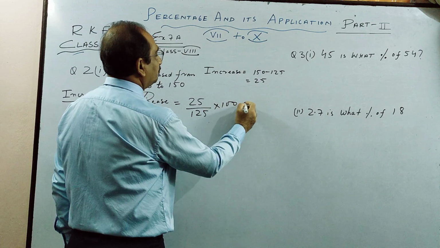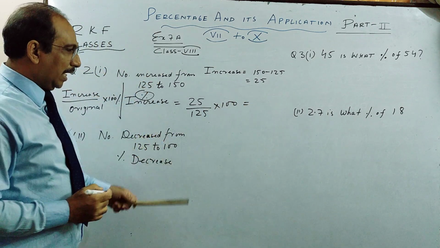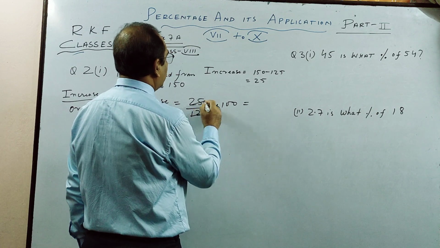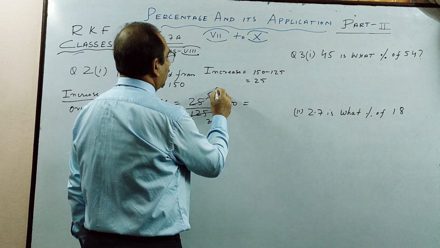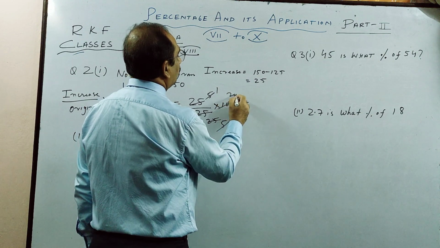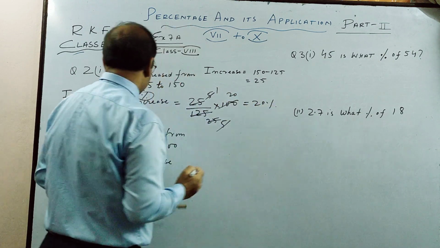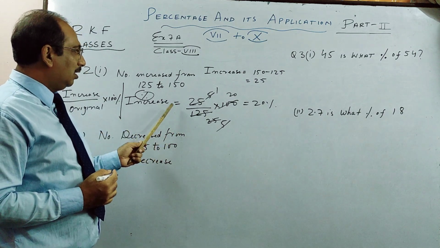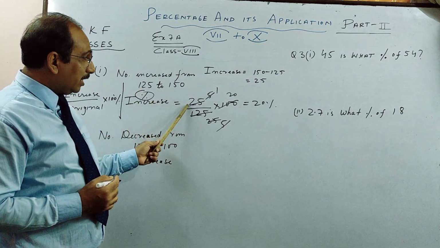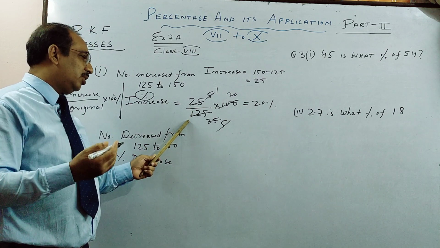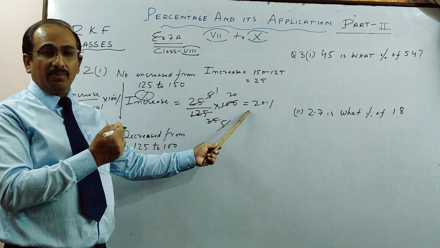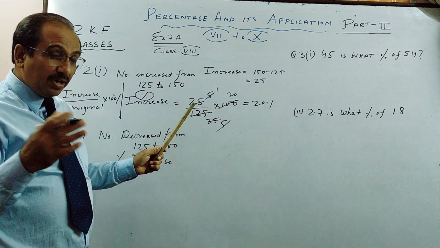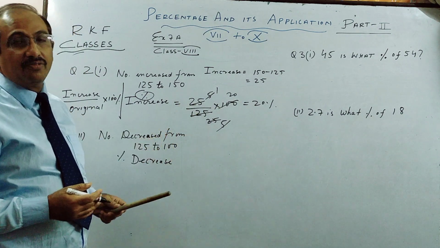If you calculate it, you cancel by 5, it will be 25 by 5, again you cancel, so you will get 20%. As I showed you in my part 1, 25 is 20% of 125. You remember from my part 1, 20% is 1/5. So 125 you break into 5 parts, 25 is 1 part.